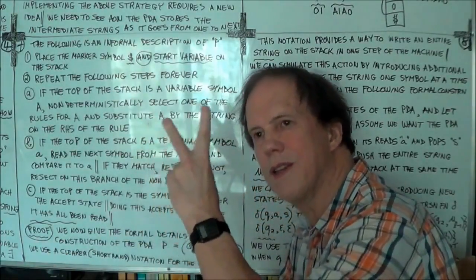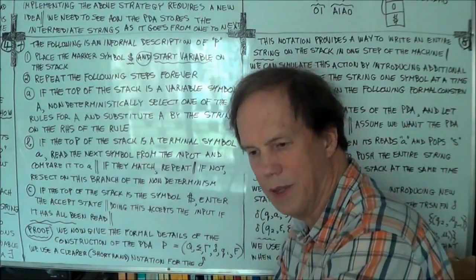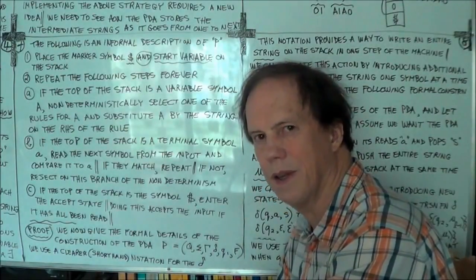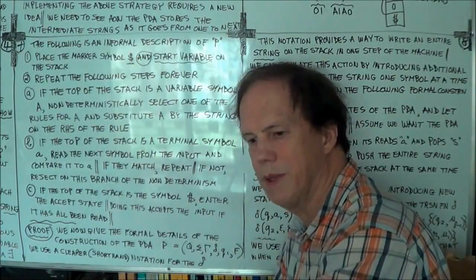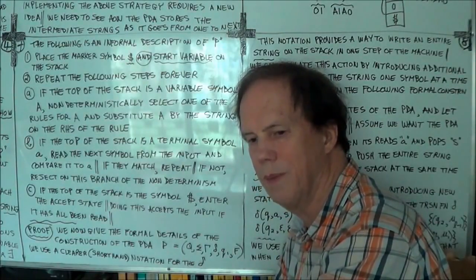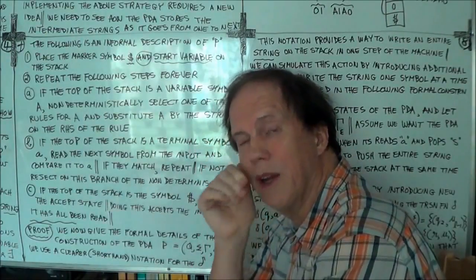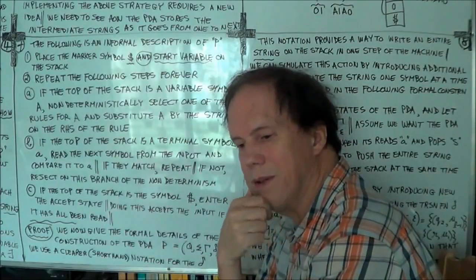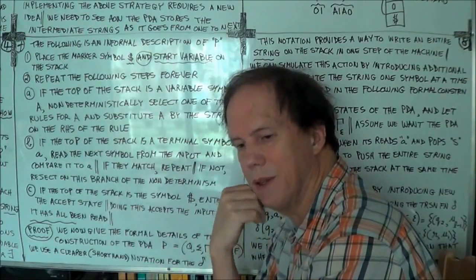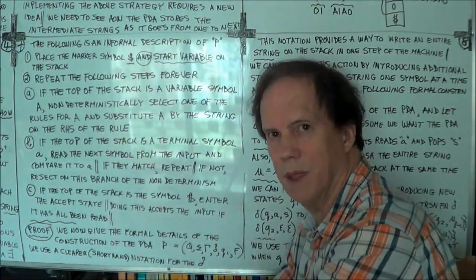Let's say you have two rules that match. The left-hand sides are the start variable. Well, so you make two copies of your PDA, and in one of them, on the stack, you put the right-hand side of your first rule that matches, and on the second copy on the stack, you put the right-hand side of the second rule that matches.